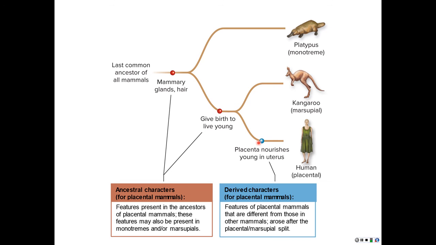And so this is said to be the apomorphic state of the character. And we would call these apomorphies. So apomorphies represent a change from the plesiomorphic state to the apomorphic state.